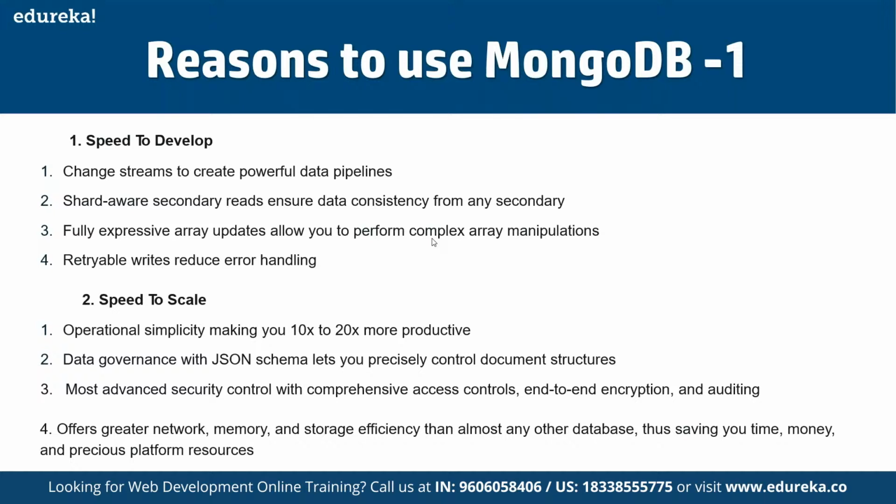And it offers retriable writes, which simply reduces the error handling as well. If we talk about the speed to scale, then operational simplicity makes us 10 times to 20 times more productive, and data governance with JSON schema lets us precisely control document structures, and most advanced security control with comprehensive access controls, end-to-end encryption and auditing as well.